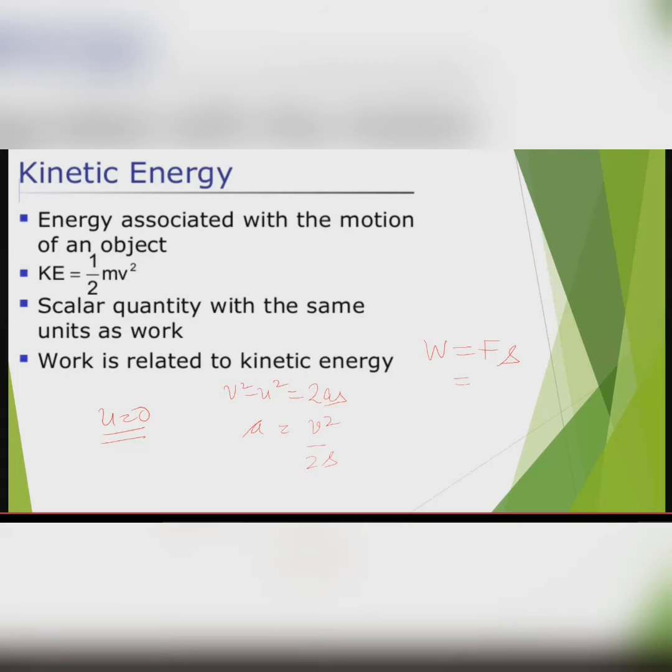When the force is in the direction of displacement, in place of force I can write m into a into s. Put the value of a as found from expression 1: v square by 2s into s. And again, half mv square. This is our formula for kinetic energy. Got it?